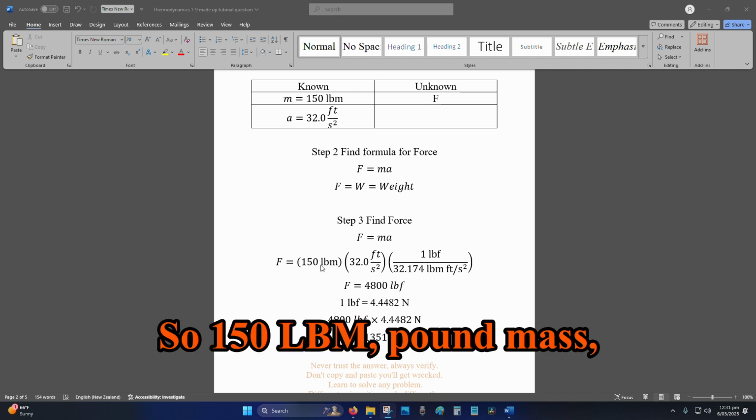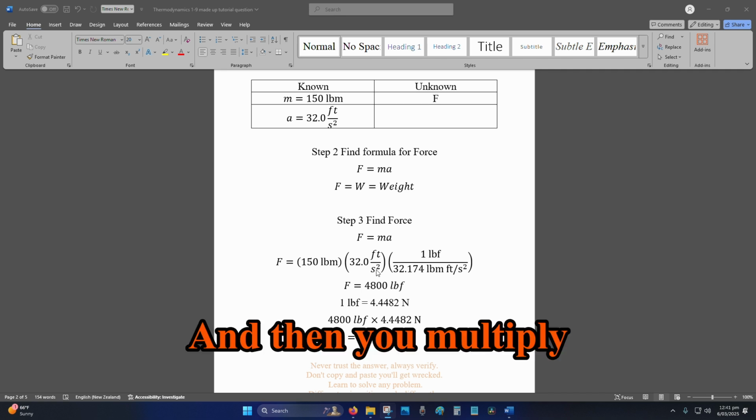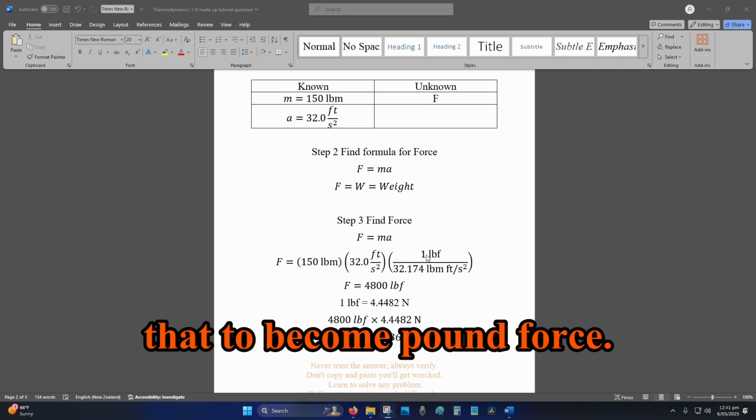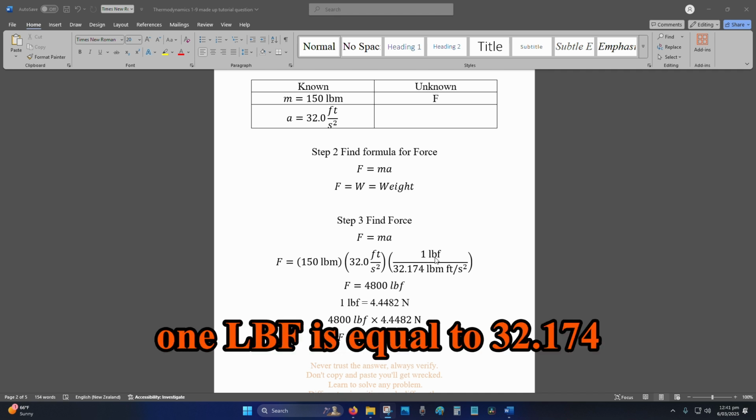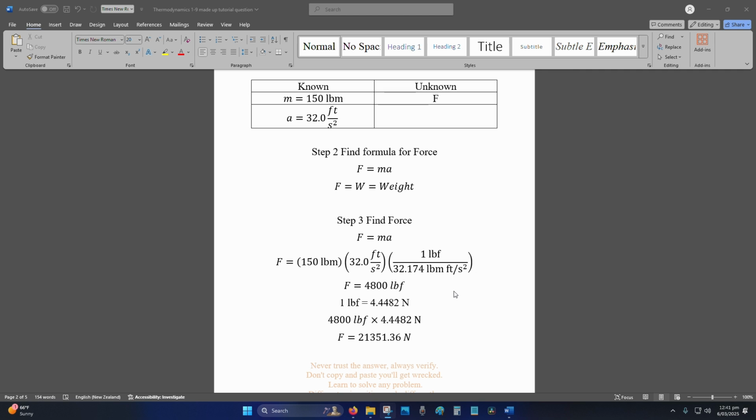So 150 lbm, pound mass, multiplied by the acceleration. And then you multiply that to become pound force. So 1 pound force, or 1 lbf, is equal to 32.174 pound mass foot per second squared.